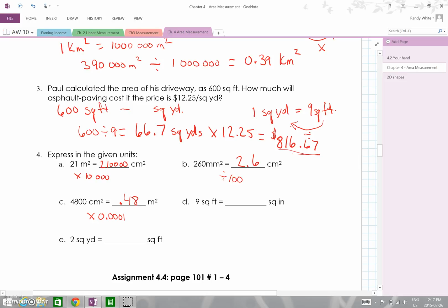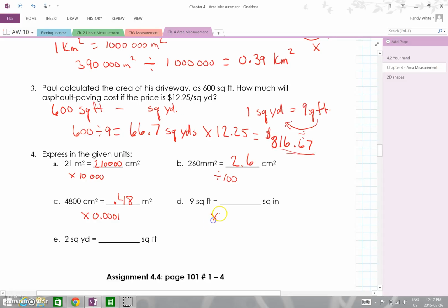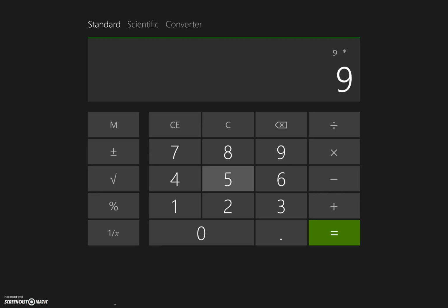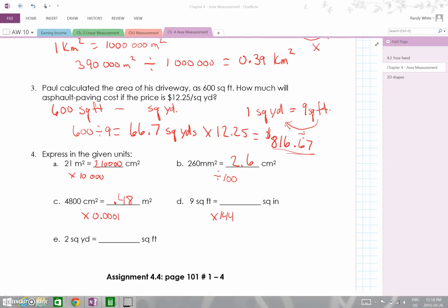Now go to the imperial section, just the table below it. 1 square foot equals 144 square inches. So I'm going square foot to inches, I'm going left to right, so I'm going to multiply by 144. So 9 times 144 is 1296.